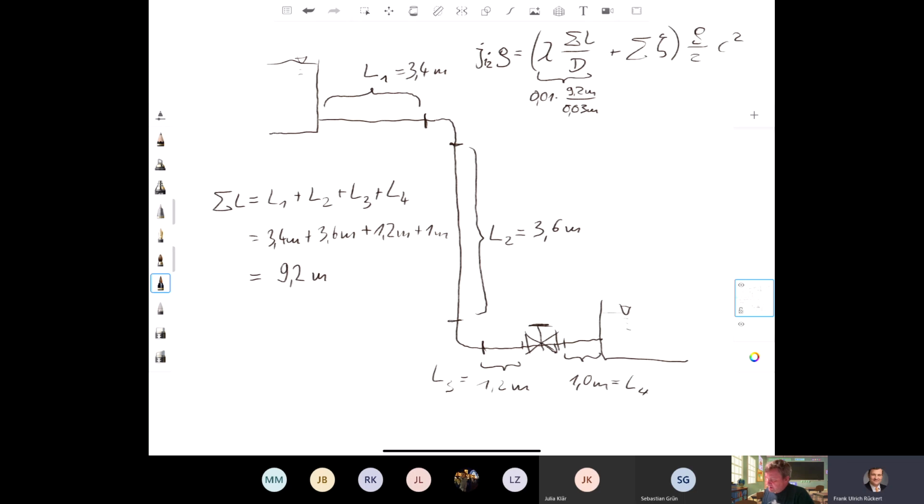And now we must calculate the sum of the zeta values, and we have zeta here, 0.4, and we have no units at the zetas. We have a zeta for this value.